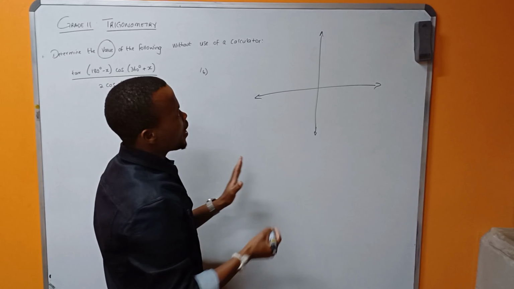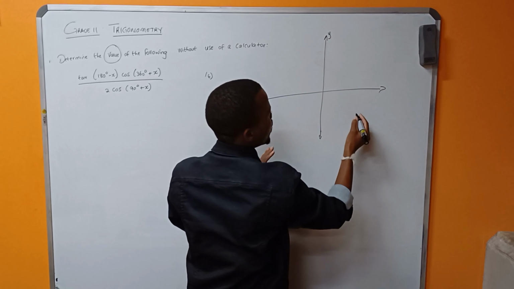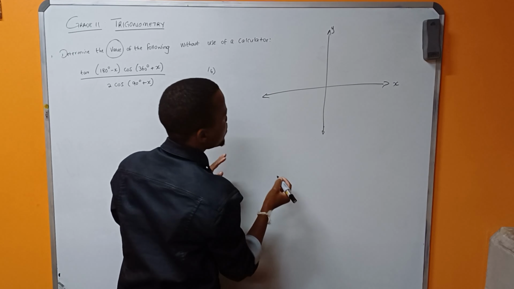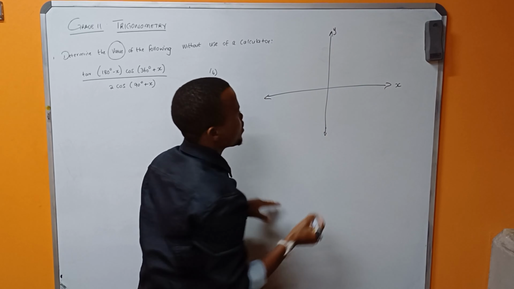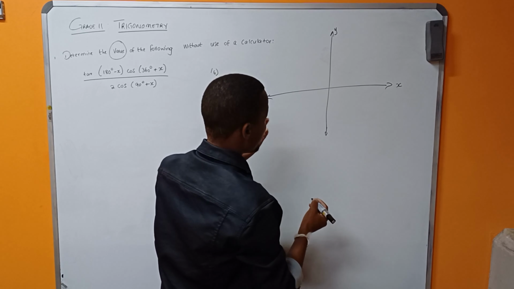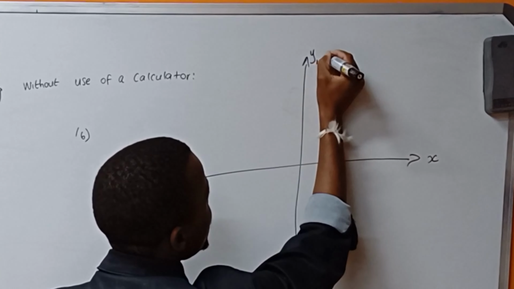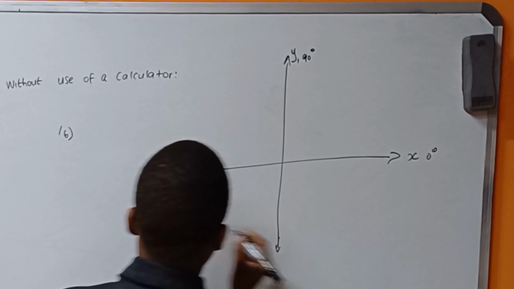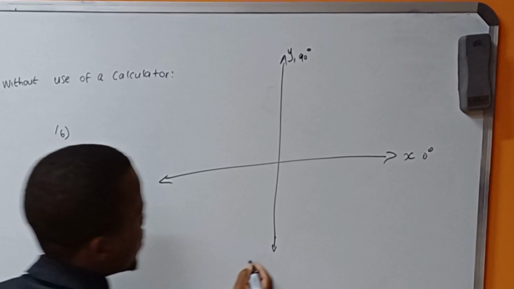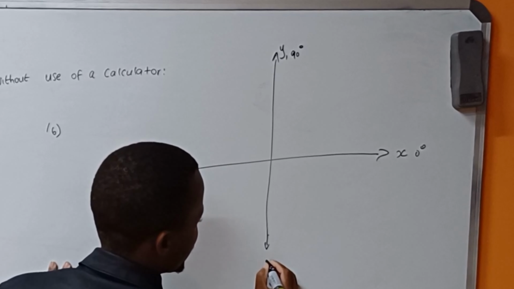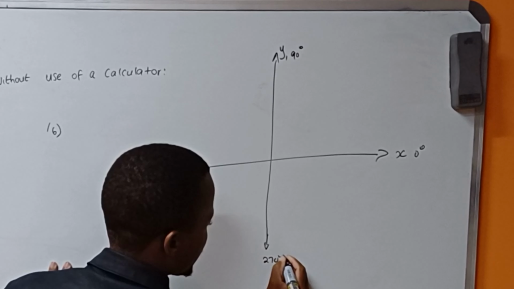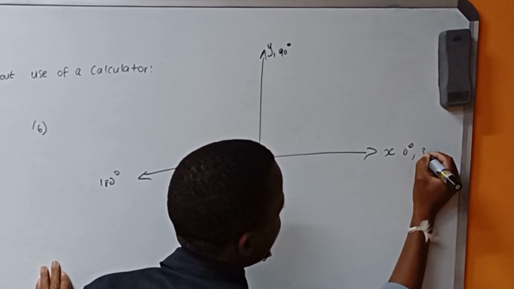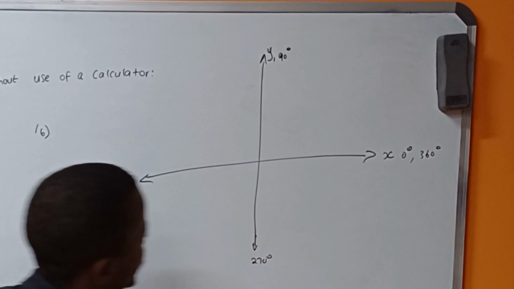This is a Cartesian plane where this one is the y-axis and this one is the x-axis. On my axes, if I'm labeling them according to degrees, here it becomes 90 degrees, here it's 0 degrees, here it's 180 degrees, here it is 270 degrees, and here it's also 360 degrees.